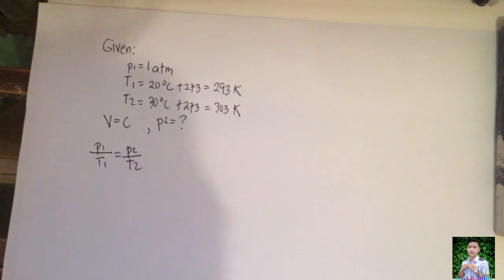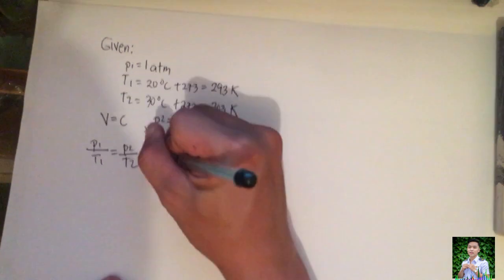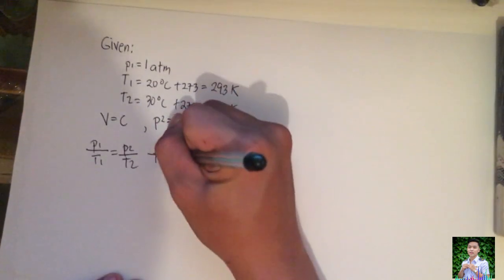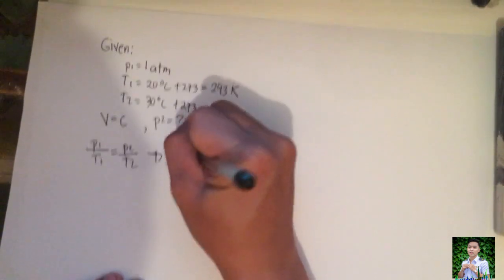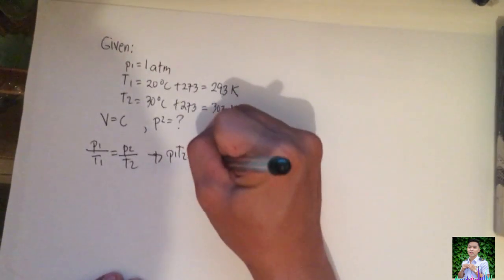By using cross multiplication, we have P1 T2 is equal to P2 T1.